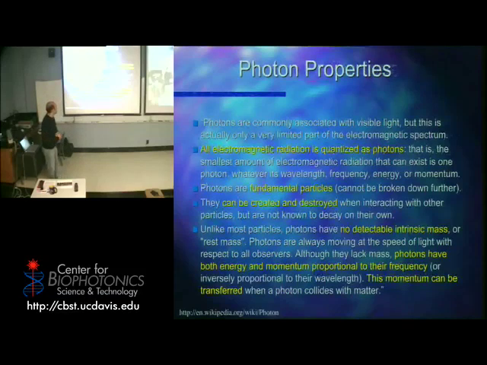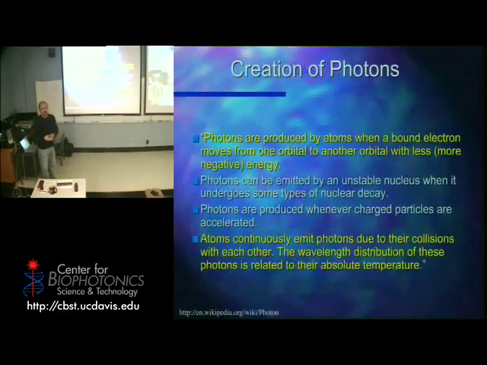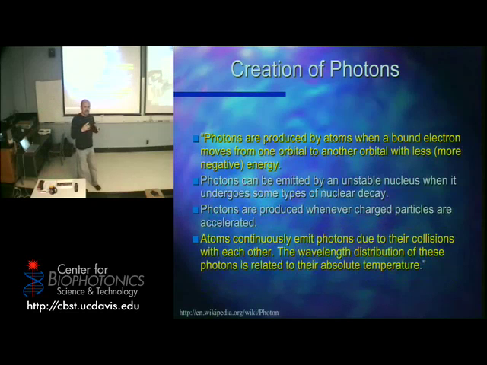So how do we create photons? The most common way that we talk about a lot in this class will be when a bound electron moves from one orbital to another orbital with less energy. Okay? So what happens, you guys all had chemistry back in high school? Do you remember that atoms have electrons effectively going around them in different orbital configurations?